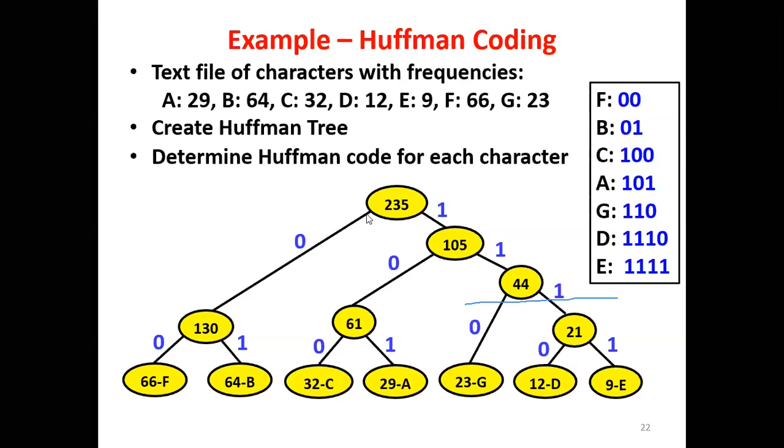Then B is 0, 1, so that is represented with 0, 1. Then C is 1, 0, 0. We continue with the same pattern until we get to E, which is 1, 1, 1, 1. This is how we can determine the Huffman code for the characters directly from the Huffman tree.